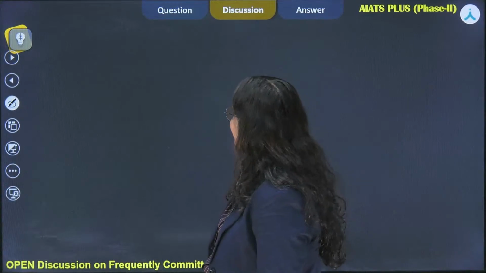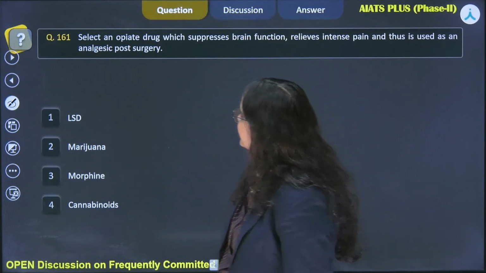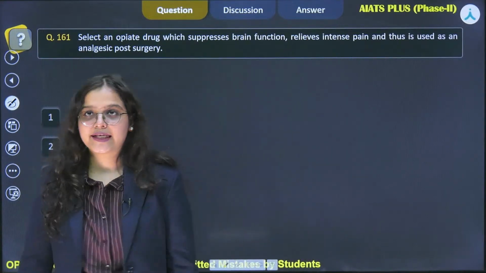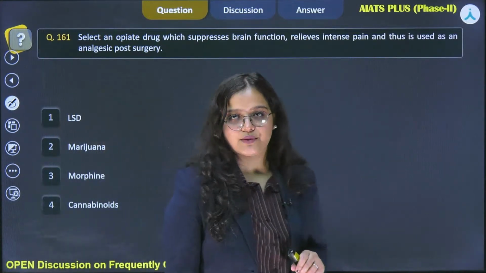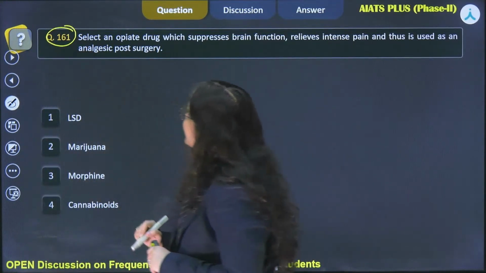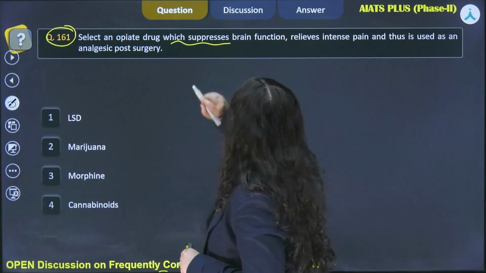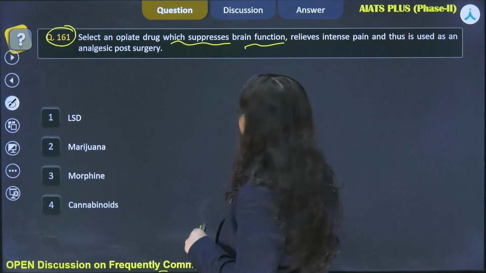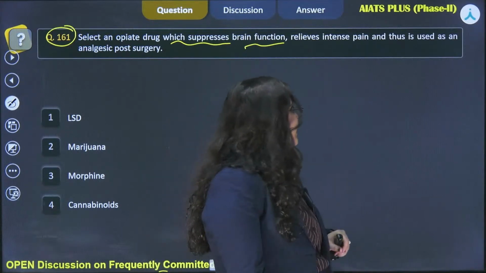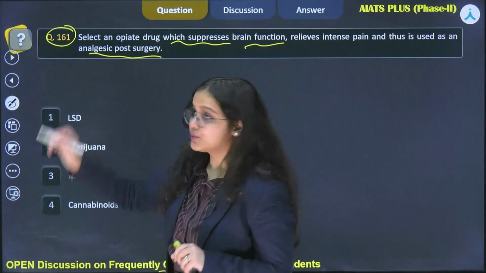So now we move on to our next question, and here we can see our next question is question 161. The question is stating, select an opiate drug which suppresses brain function, relieves intense pain, and thus is used as an analgesic post-surgery.